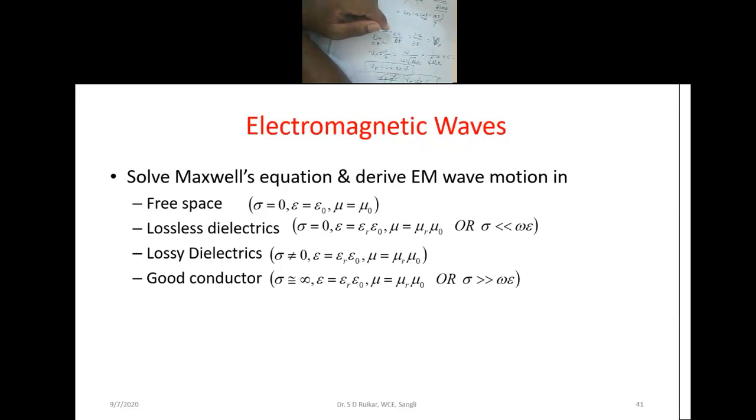For a lossless medium, sigma is equal to 0, epsilon is epsilon or epsilon 0, and mu is mu 0. For a lossy dielectric, the conductivity sigma is very much less than omega epsilon, and again mu is mu 0 and epsilon is epsilon 0.